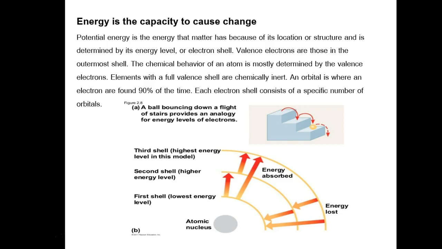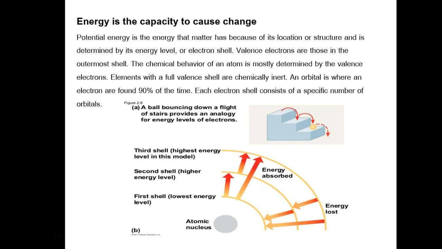In terms of energy, we define that as the capacity to cause change, which is kind of a neat definition of energy. So the ability to cause change is energy, and that not defining that change as positive, negative, or anything. Potential energy, another term, is the energy of matter because of its location or structure.